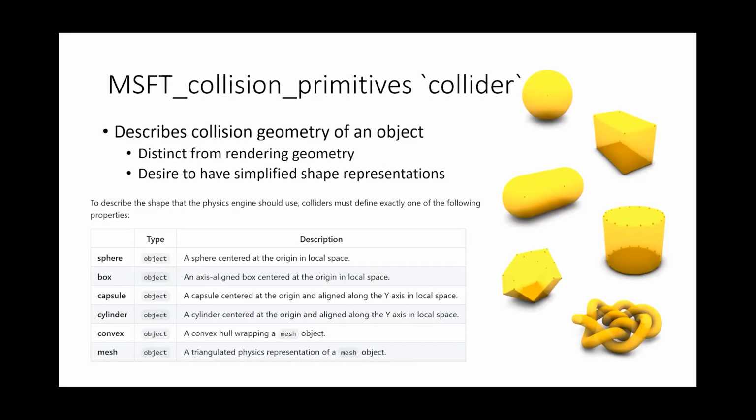So let's dig into collision primitives. This is a set of primitives, listed in this table here: sphere, box, capsule, cylinder, convex collider, and a mesh. You could come up with more geometric primitives and mathematical descriptions of these primitives, but these are the ones we typically see people use in games.